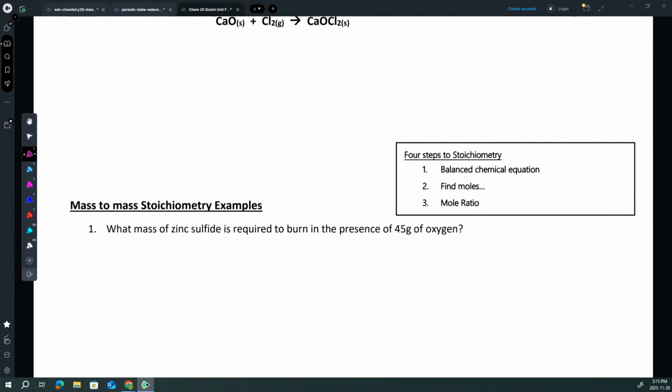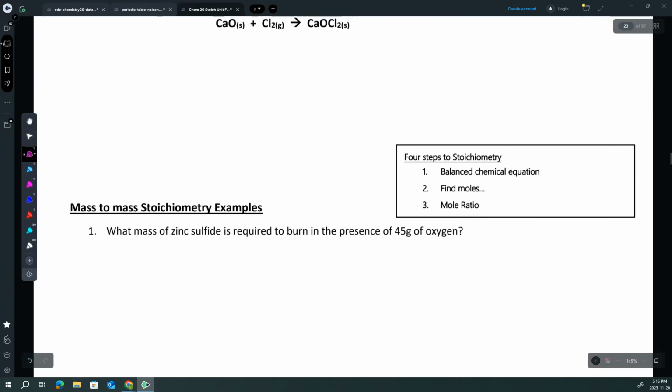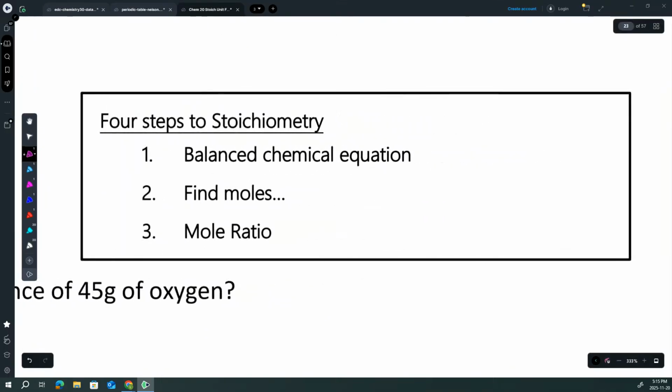Step 3, use your mole ratio to convert the moles of your given substance to the moles of your unknown substance. And then we'll have to add in step 4 over here. Step 4 is simply just answer the question, which typically involves converting moles of your unknown substance into whatever units the question's asking for.